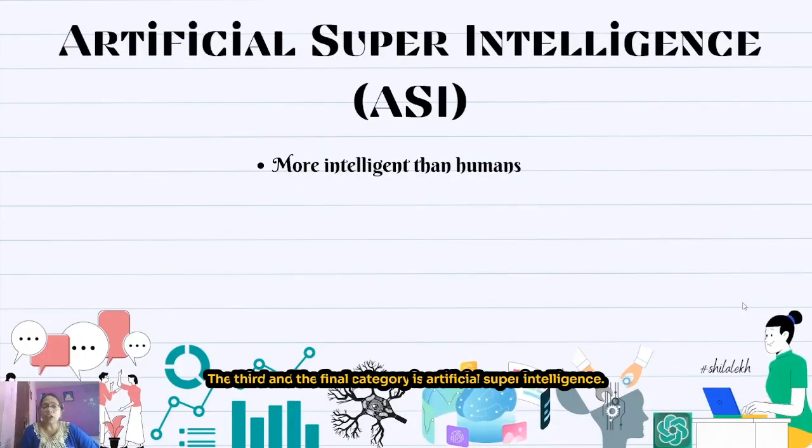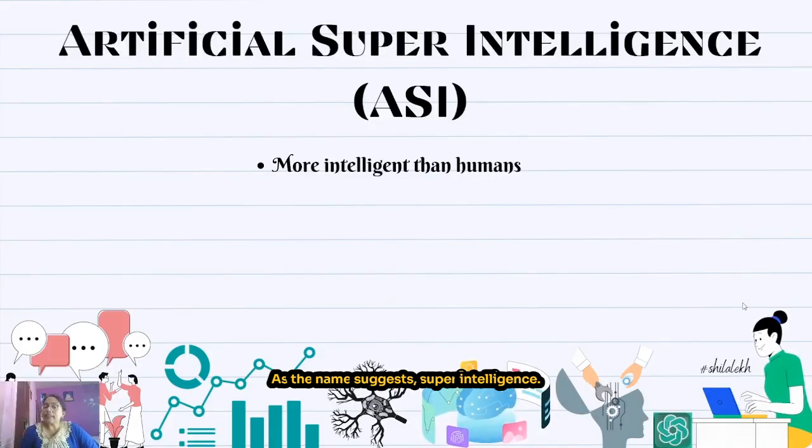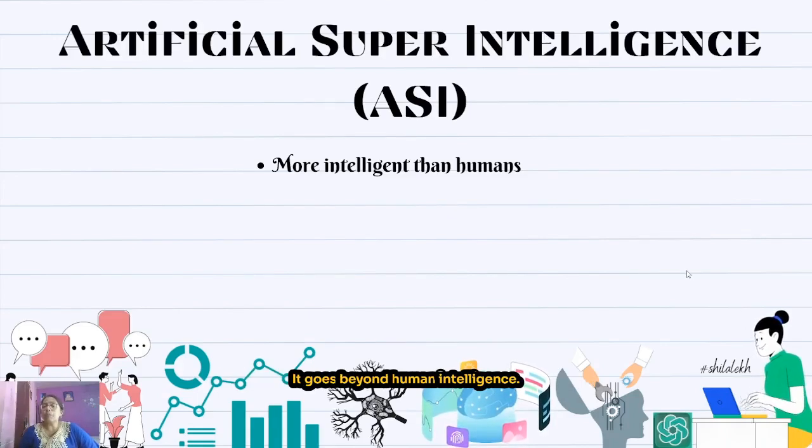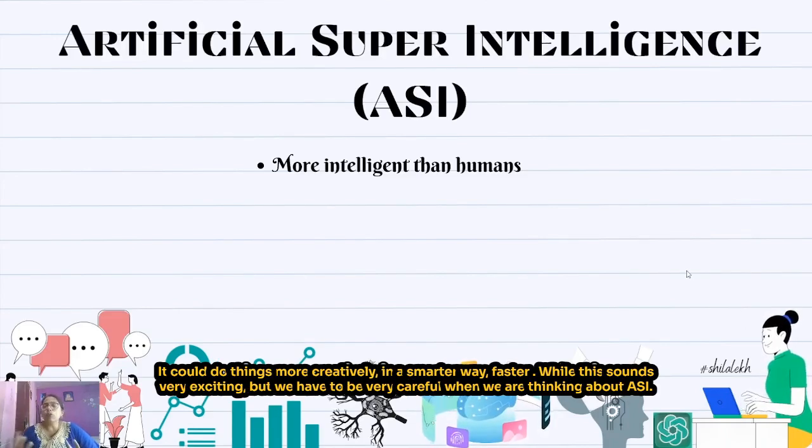The third and final category is artificial superintelligence. As the name suggests, it is more than human intelligence. So ASI systems should be more intelligent than humans. It goes beyond human intelligence. It could do things more creatively, in a smarter way, faster.